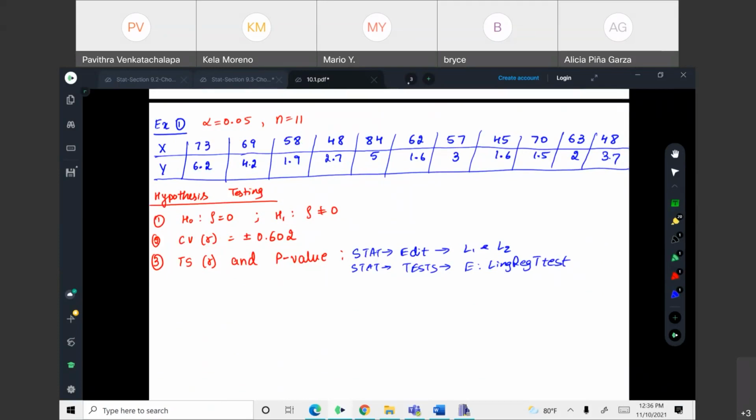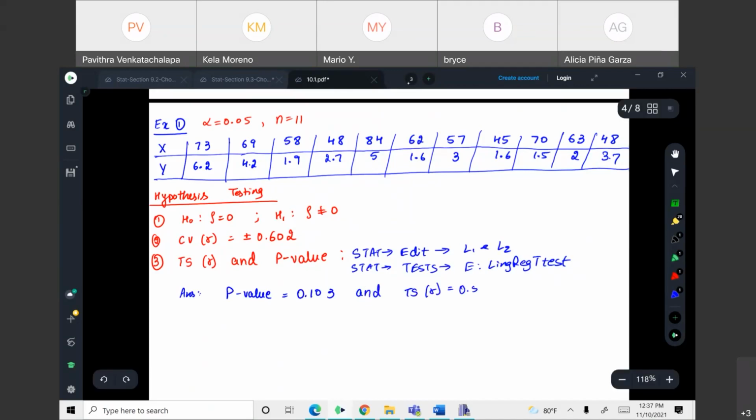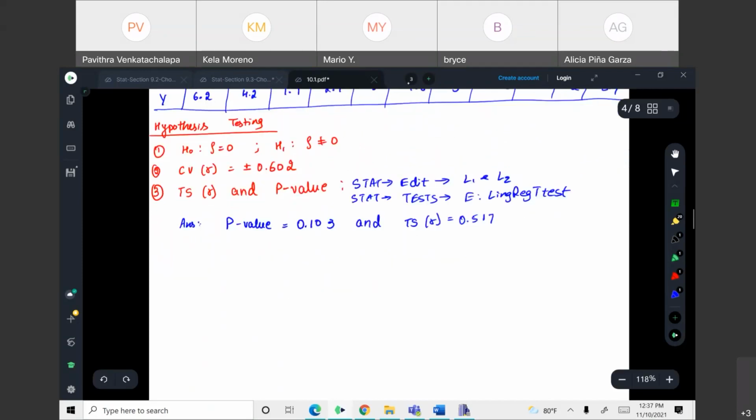That's the p-value. Answer p-value 0.103. And what is the R? Okay, let's compare both.